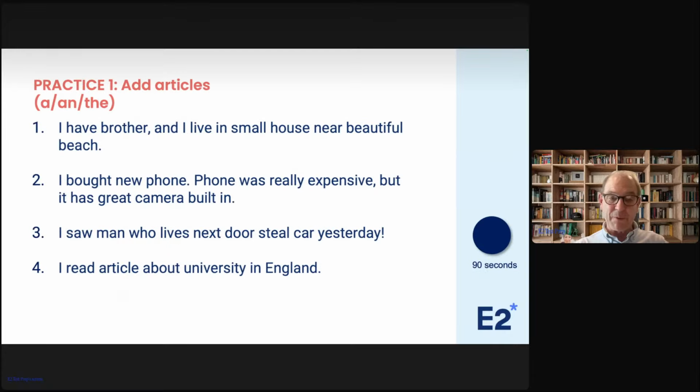Ding, rule number one. All right, let's practice adding articles and or the to these sentences. Any chance of doing it? Okay, give it a go. Read them out loud to yourself.